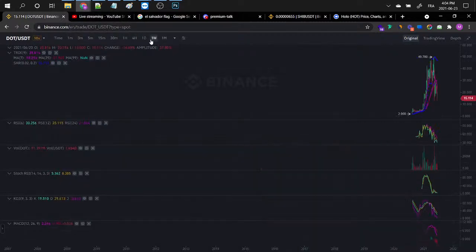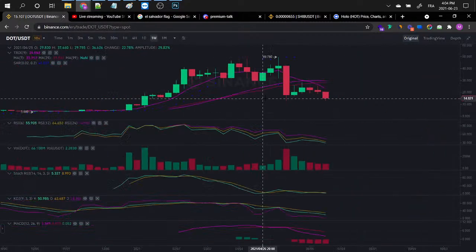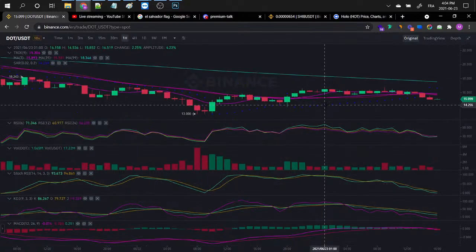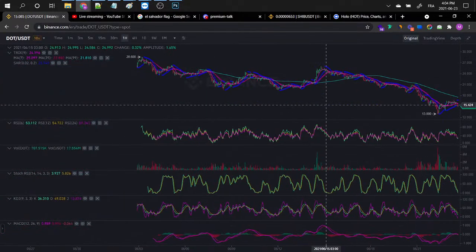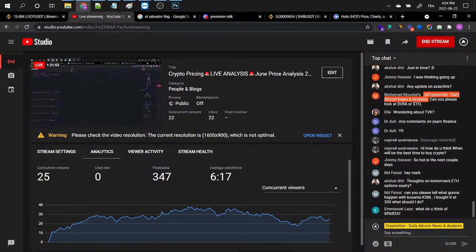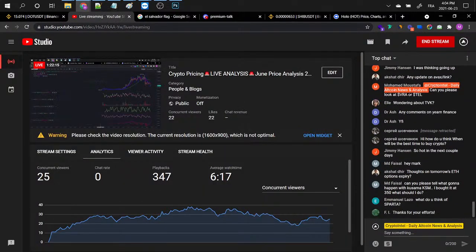So I would not necessarily get on it. It's currently very bearish, and if I do have a look at the hourly, okay, so no, it's just gonna fall, guys, from now. It's just gonna bounce on top of the $13 price line. So I would not touch the Polkadot right now. This is my thought on the Polkadot.